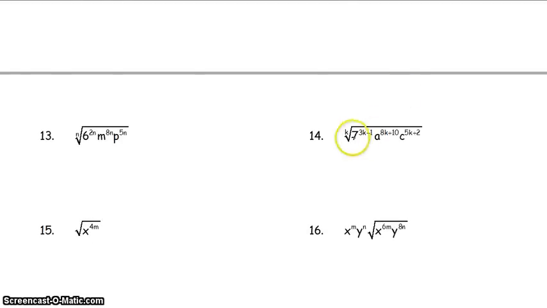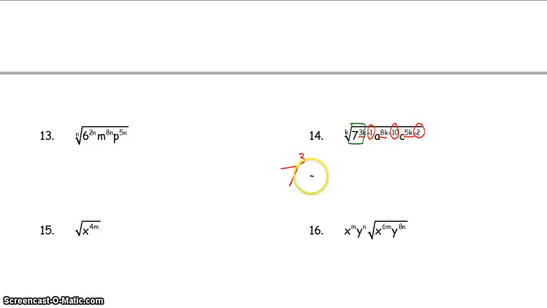Again, when you're dividing by k for like number 14, I'll probably finish up with this one. You divide everything by k. This can divide by k, this cannot. This can divide by k, this cannot. This can divide by k, this cannot. So, I can take out a 7 to the third. That's this piece here. I'll do these in green. 7 to the third, because the 3k divided by k is 3.